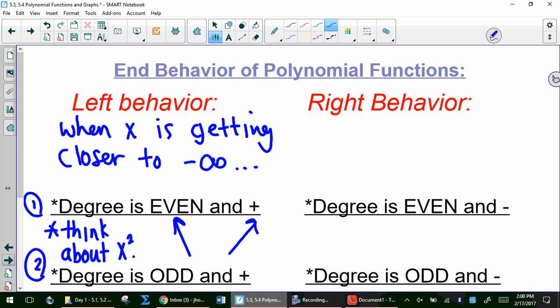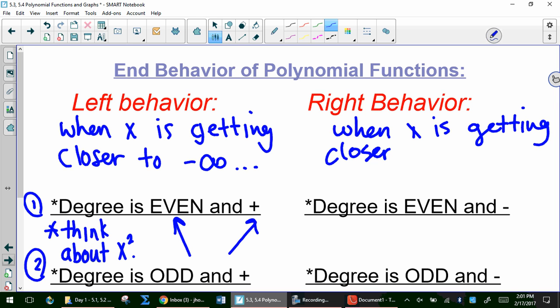So you're using arrows to indicate the behavior. Okay? So the right behavior, when x is getting closer to positive infinity, it's either going to go up or it's going to be going down.